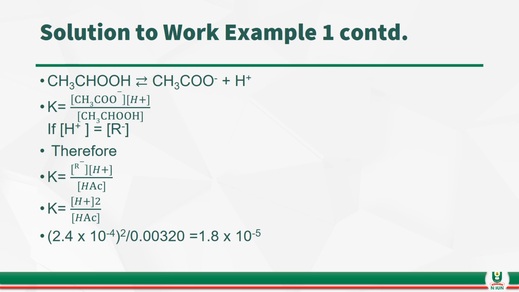So the equilibrium constant is equal to the concentrations of the forward reaction divided by the concentration of the reactants and the backward reaction. So, the concentration of hydrogen ion is equal to the concentration of the anion at equilibrium. So by the time we substitute these values, the equilibrium constant was obtained as 1.8 times 10 raised to the power minus 5.